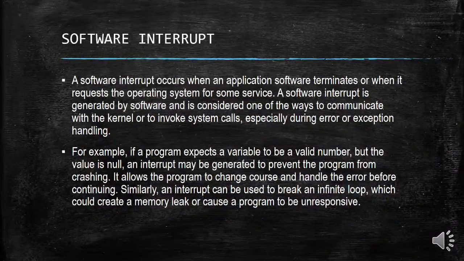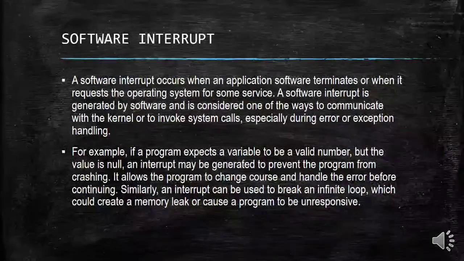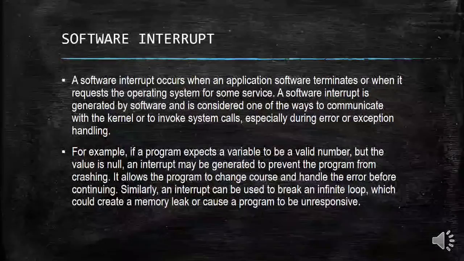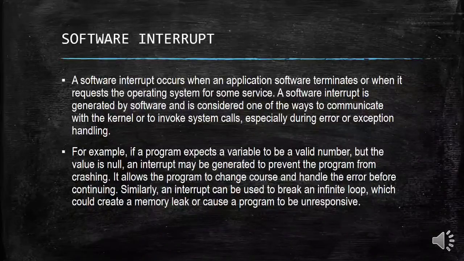Then what are the causes of the hardware interrupt? Hardware interrupt is a kind of computer system interrupt that occurs as a result of outside interference. The cause of the software interrupt is that it is caused either by a special instruction in the instruction set or by an exceptional condition in the processor itself.